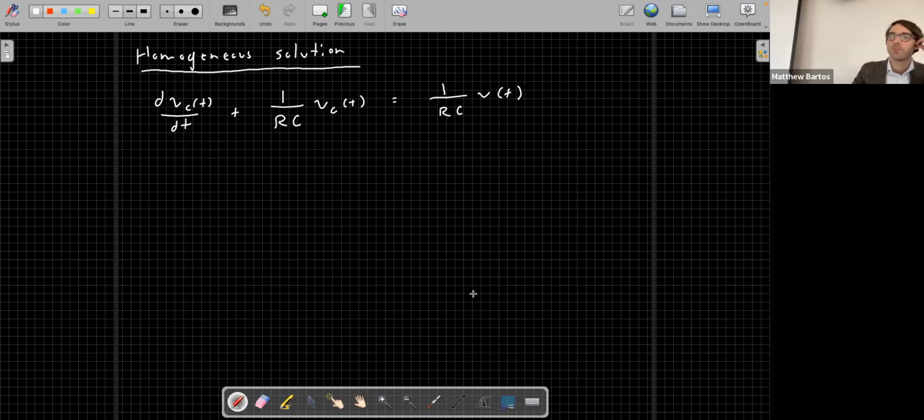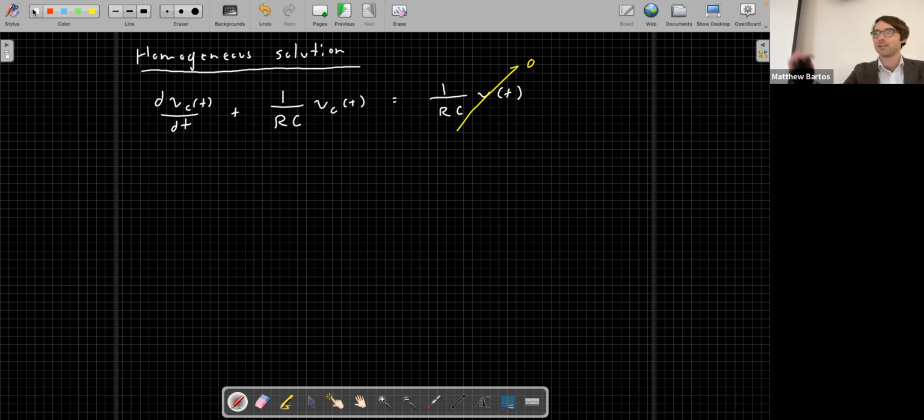Okay, so for the homogeneous solution, what can we do here? First, what can we do with this term here? Right, we don't need to consider the input to the system. So we have that dV_C/dt plus 1 over RC V_C(t) is equal to 0.